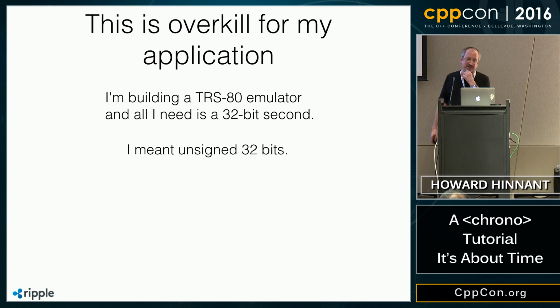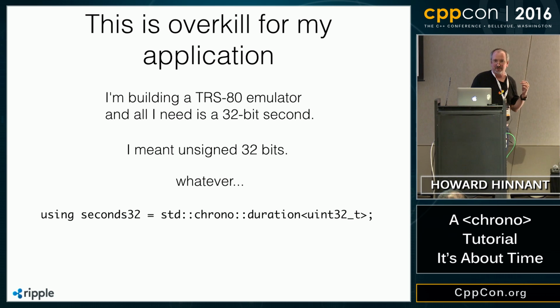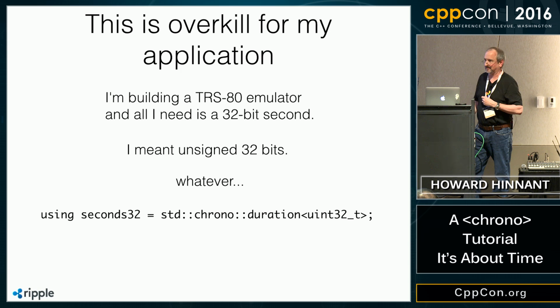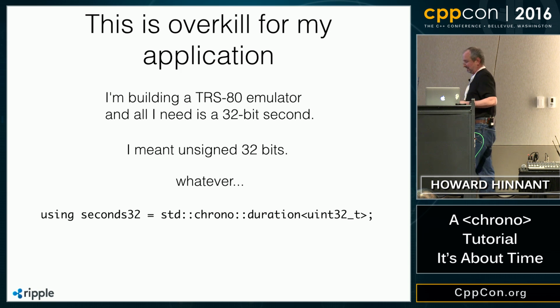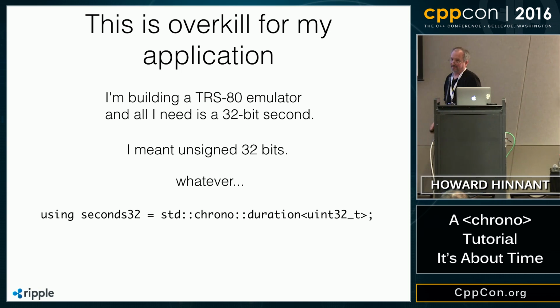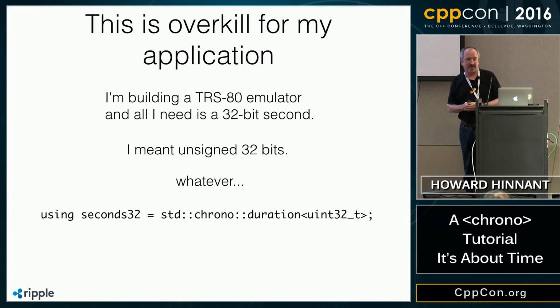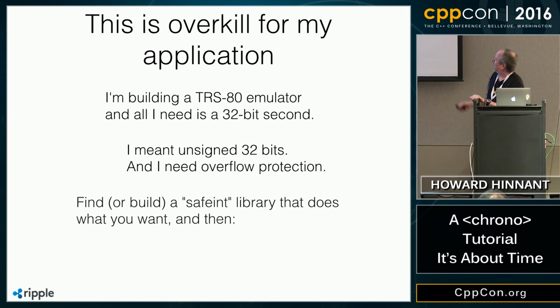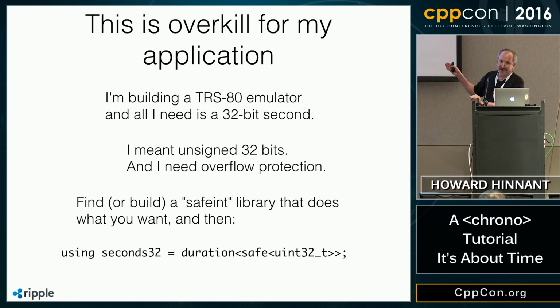Some people still complain. They say, well, I really meant unsigned. Okay, you can stick an unsigned int32 in there as well. Some people still complain, well, since it's only 32 bits, I actually need overflow protection. Fine. There are plenty of safe int libraries out there where you can find one or build your own.